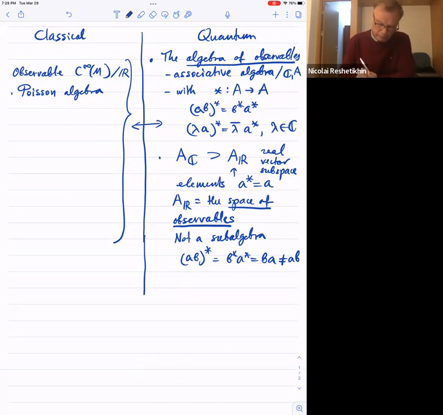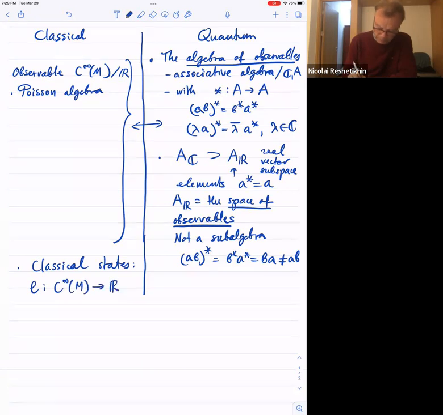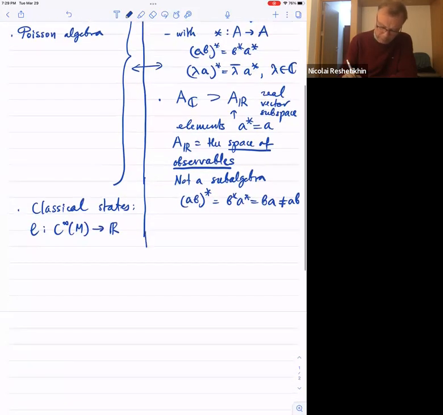So now here we also have classical states. Classical states are simply linear functions on C infinity of M, but these are probabilistic states, so they have a normalization L of 1 equals 1.